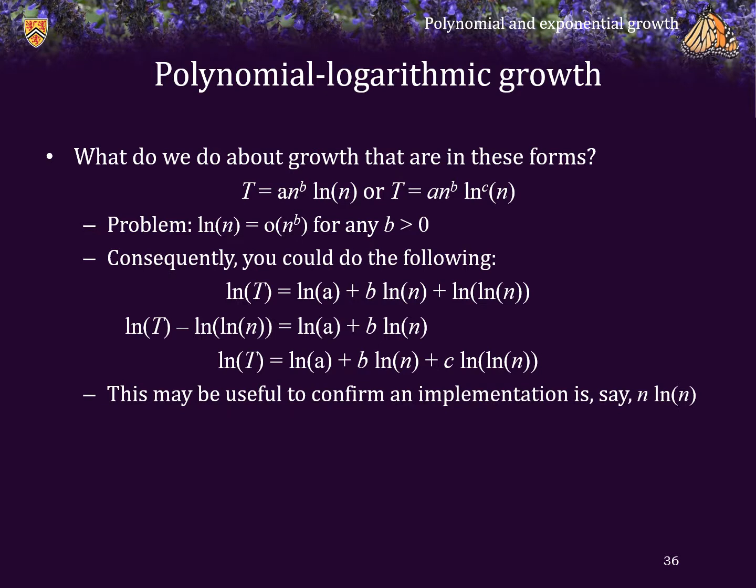Now, this is really not useful to find out what b and c are, simply because any noise is almost certainly going to swamp out the logarithmic component. But it is potentially useful to confirm that your implementation is indeed, say, for example, n log n.